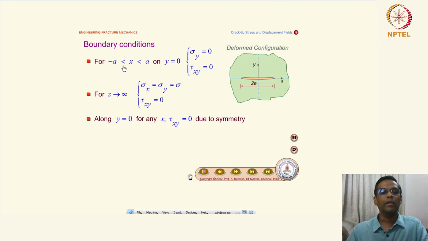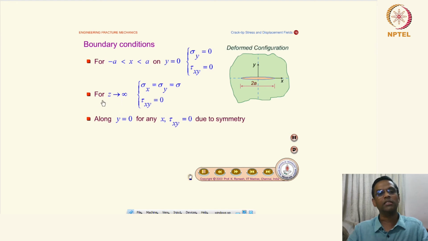For x between minus a and plus a on y equal to 0, because it is a free surface, these two stresses also become 0. Sigma y becomes 0. Tau xy, that is the in-plane shear stress, is also becoming 0 because of the free surface. That is one condition.